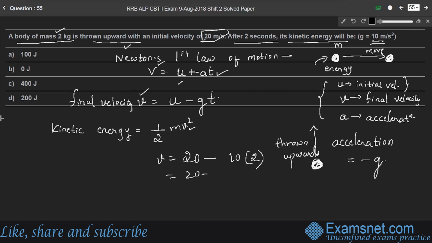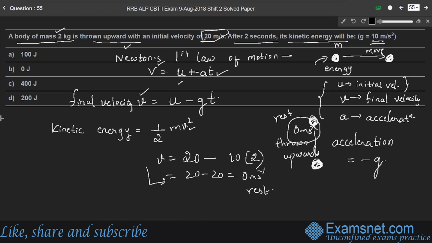Therefore 20 minus 20 is equal to 0 meters per second. So after 2 seconds, the final velocity of the body is 0 meters per second. That means the body is at rest.